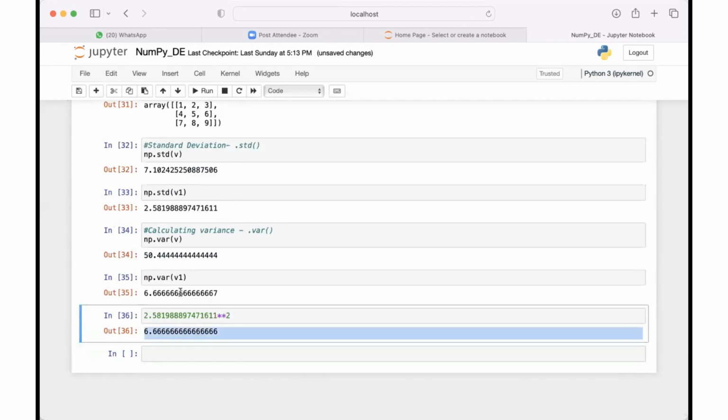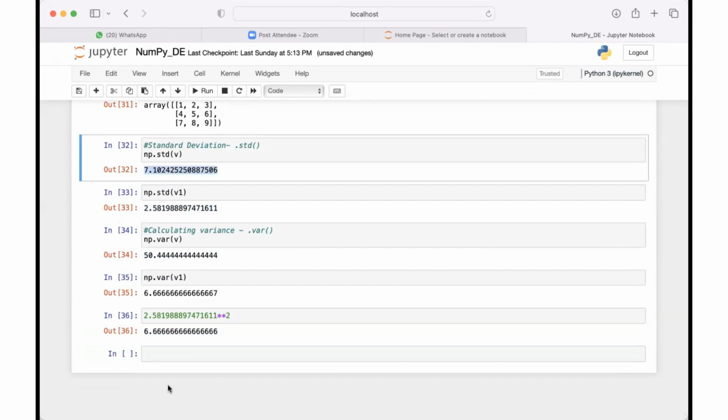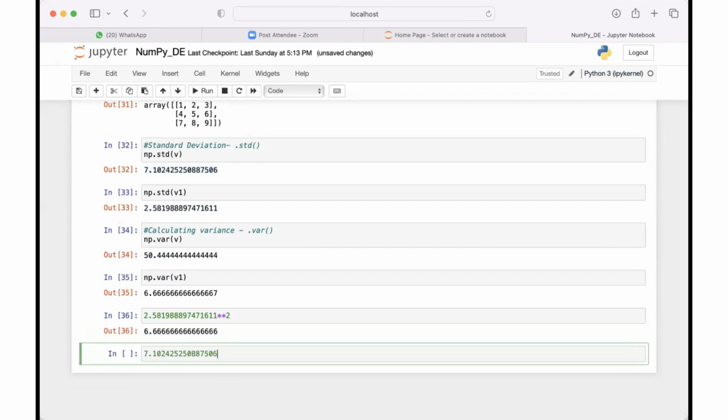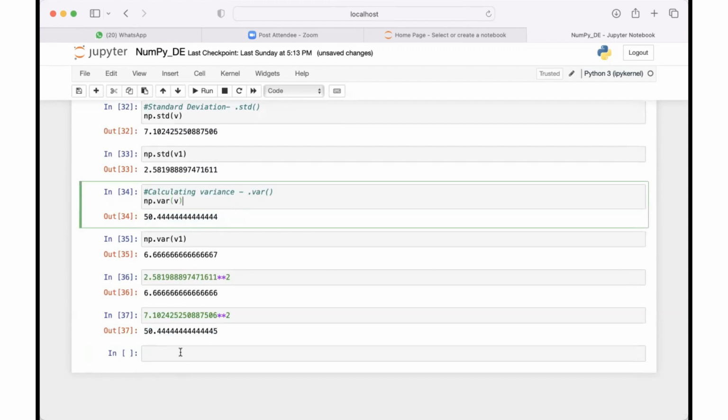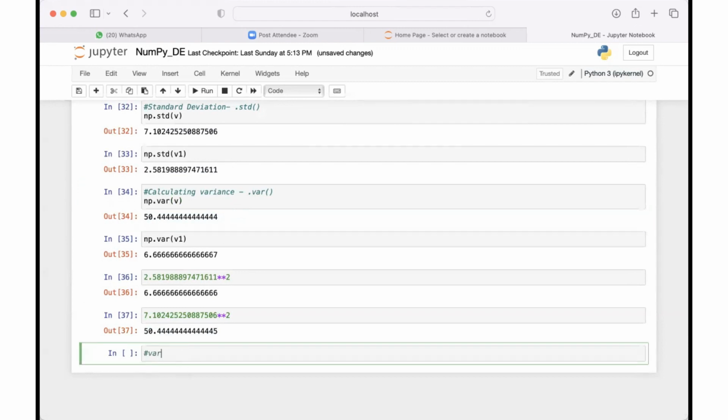If we take 7.1024 and calculate its square, it is going to give us the same output as this one. So variance is the square of standard deviation.